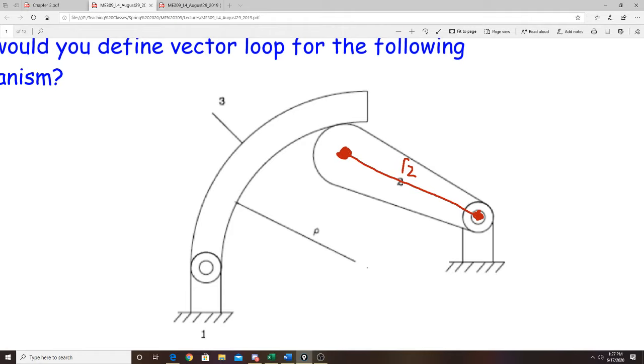So let's go with Jackson. Why not? Since I've been talking to you a little bit today. Where do you think we should go from here? Now, like I said, be careful. I mentioned a bit ago that we have to include something in this vector loop. Think about this right here.